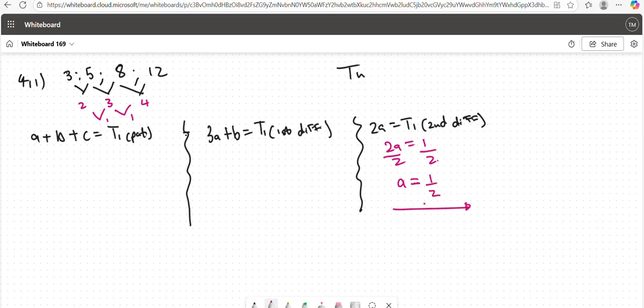So there we go. There's our A value. There's our B value.